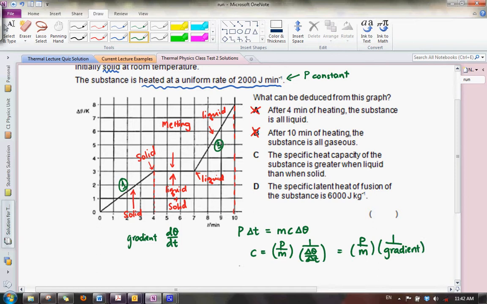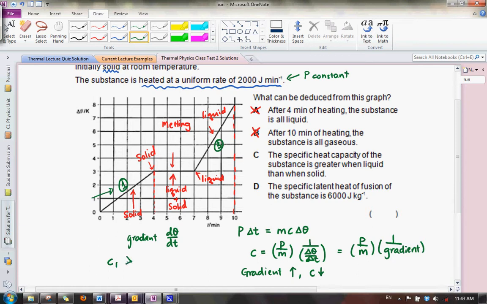Hence, we can see that if your gradient is larger, your C will be smaller. If you look at stage 1, you can see that the gradient is less than the gradient of stage 3.